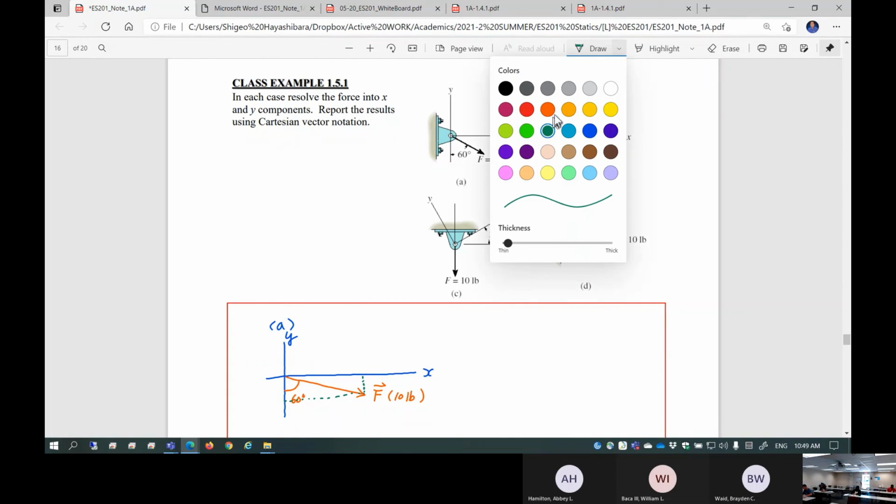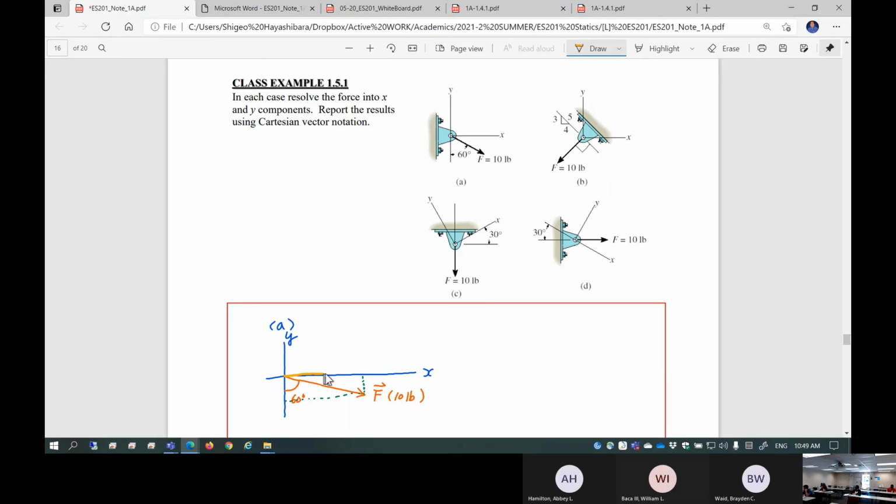And then you're going to have Fx. So the magnitude of Fx, what's the Fx? Anybody?